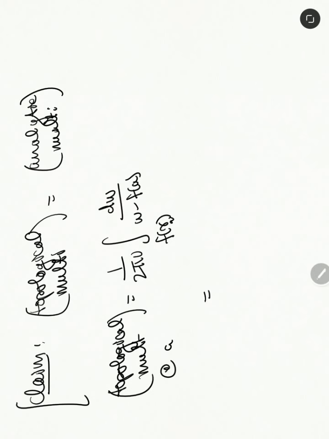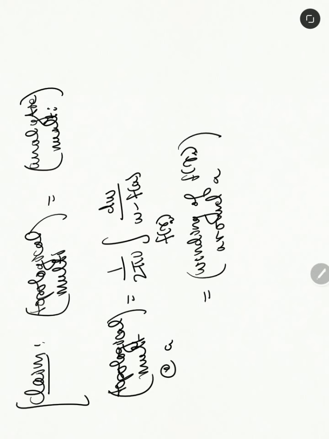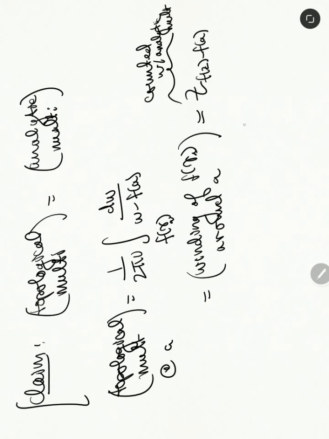But we also know from the argument principle that this is equal to the zeros of f of z minus f of a, with multiplicity, the analytic multiplicity.